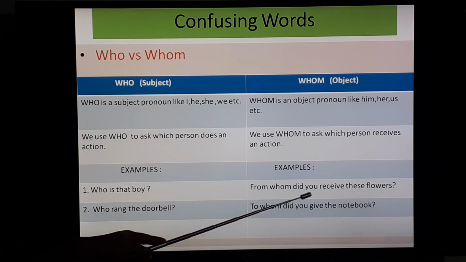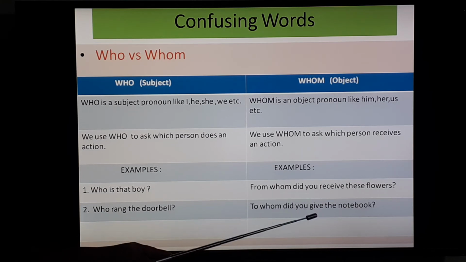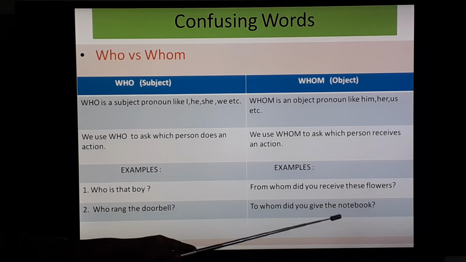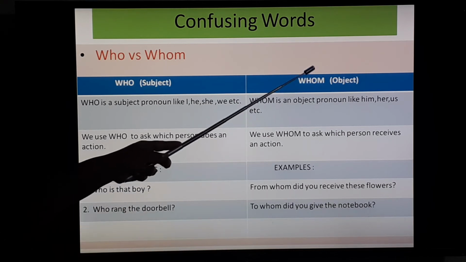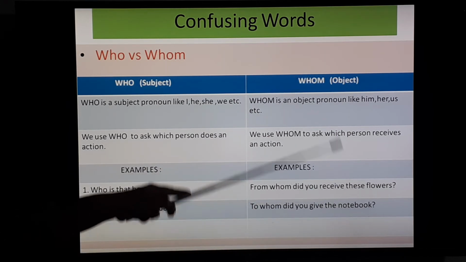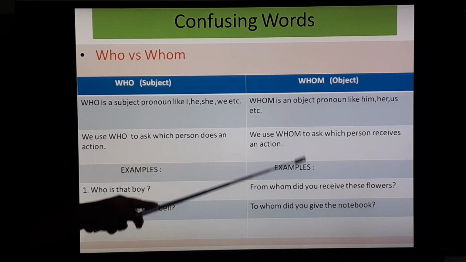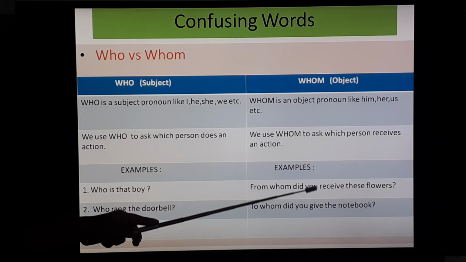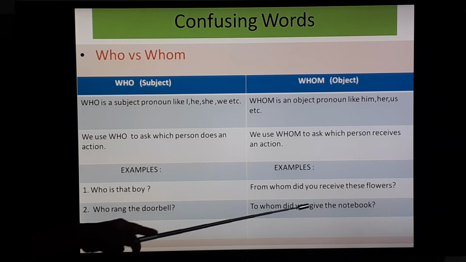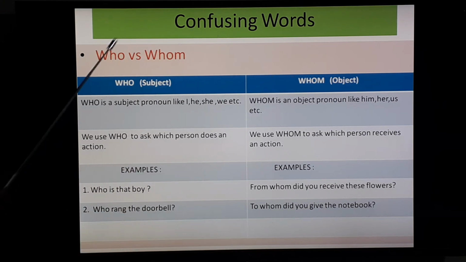I gave my notebook to my friend. So here the object is my friend. If you want to get your answer as an object, you have to ask with whom, and if you want to know about the subject, then you have to ask with who.